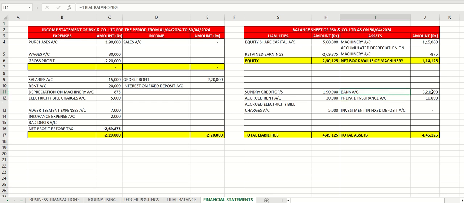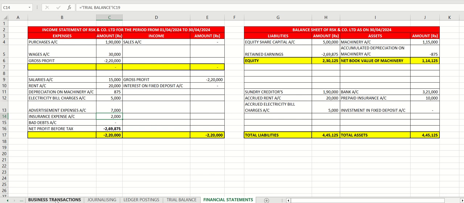And this bank account has already been adjusted for the amount paid for the prepaid insurance, and the net balance is reflected over here. And the insurance expense pertaining to the current period has been expensed under the expenses in the income statement. Hope this is clear.